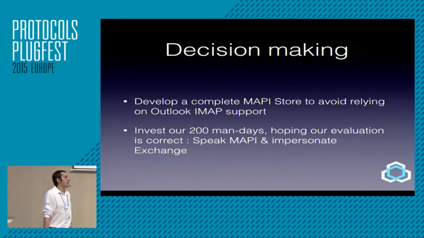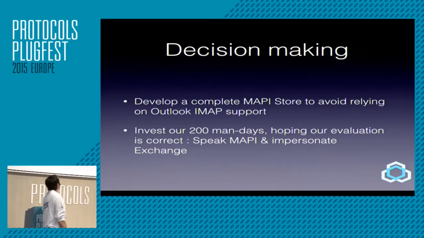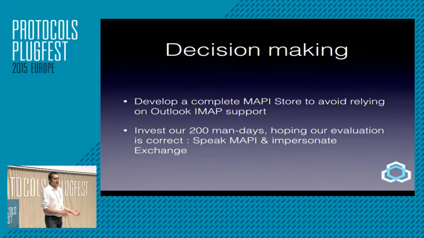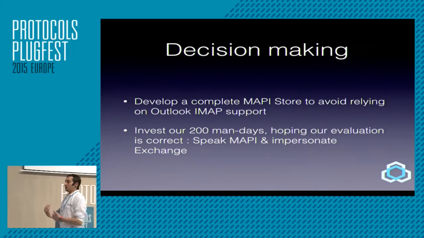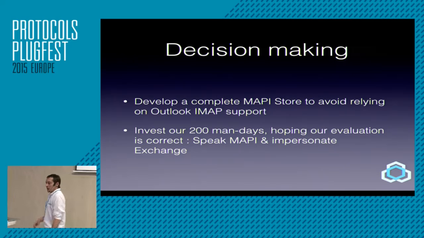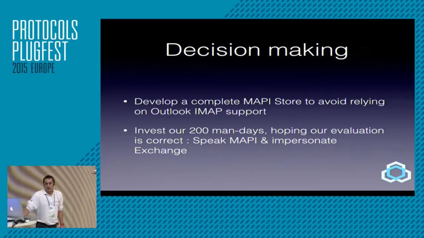Or we could invest 200 man days in trying to develop and improve our Mapi backend for OpenChange. This way we would speak Mapi and impersonate Exchange. So we had to choose between those solutions.